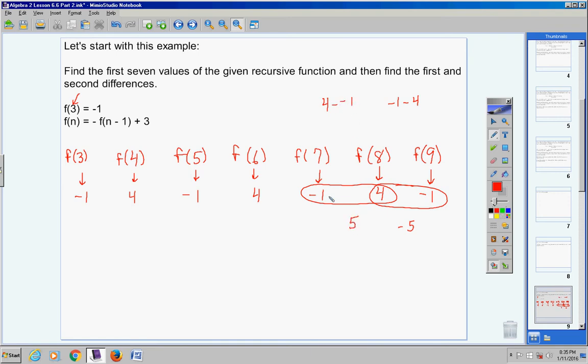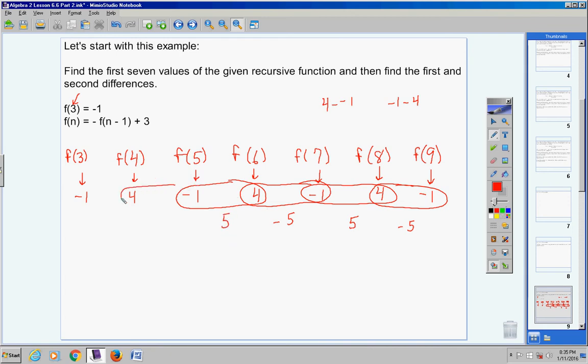Put it right in between those two numbers. Now go to the next two numbers. Subtract those two numbers. See how I'm overlapping these two, then these two, then these two. Negative 1 minus 4. We already did that right here. You'll get a negative 5. Now, go to these two numbers. 4 minus a negative 1. 5.